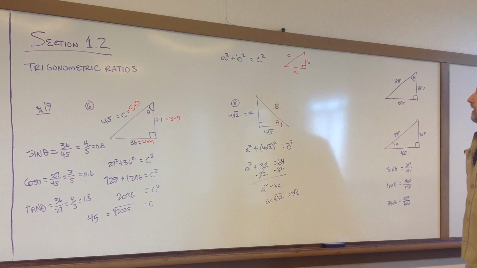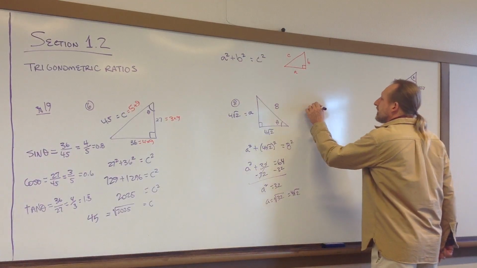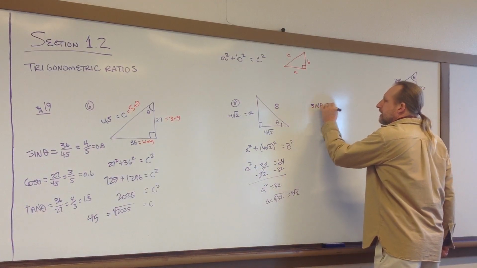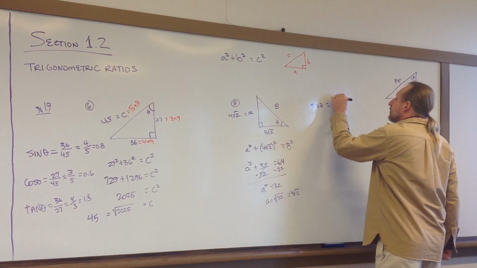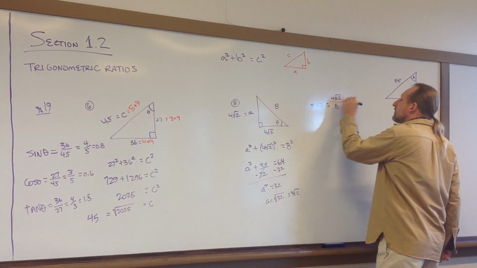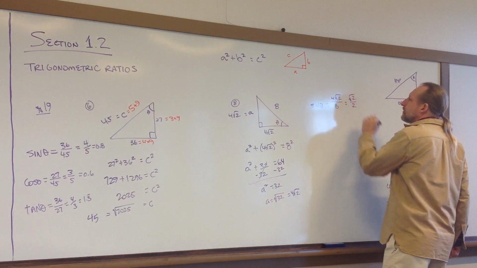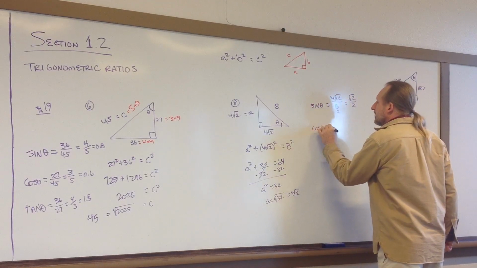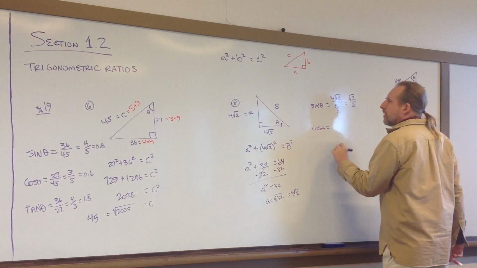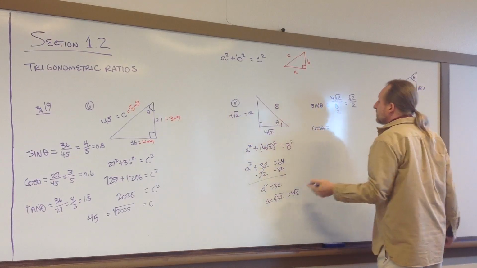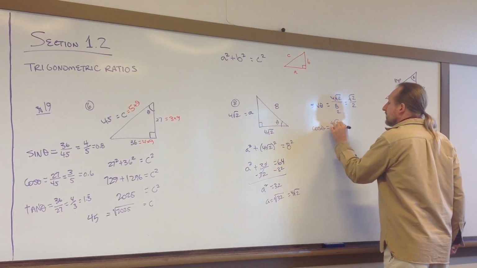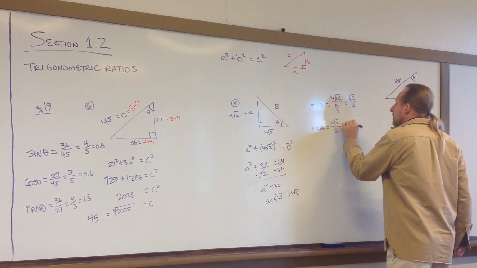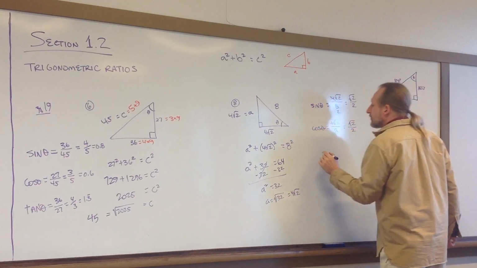Okay, so now we need to calculate sine, cosine, and tangent. Sine theta is going to be 4 root 2 over 8, which is square root 2 over 2, right? Those cancel. Cosine theta is actually going to be the same because the adjacent and the opposite sides are the same. So this is again going to be 4 root 2 over 8, which is root 2 over 2.